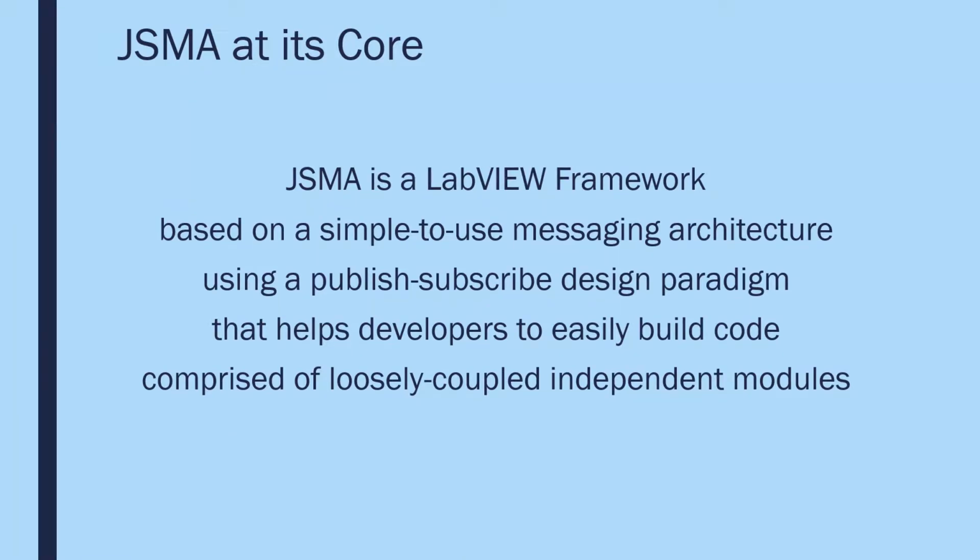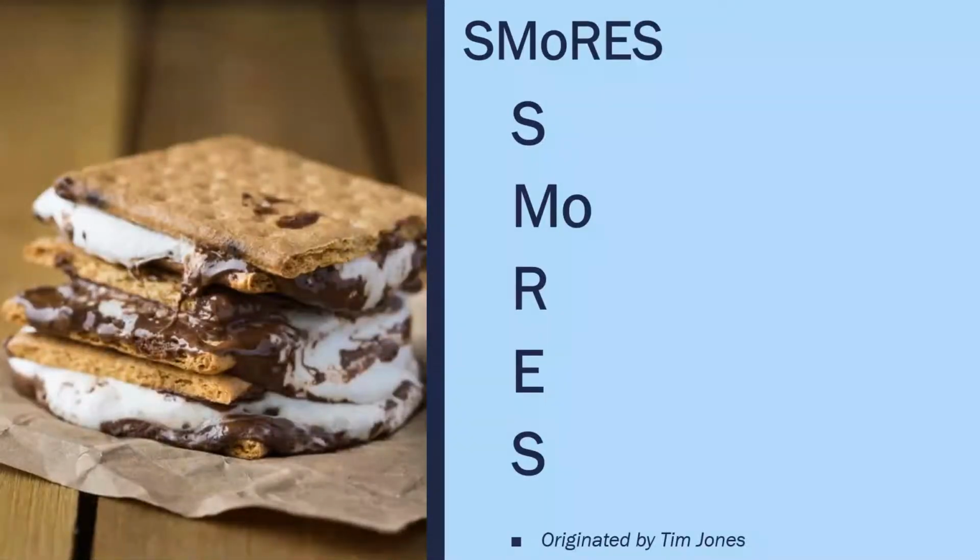The best solution to this challenge I have seen was in a talk given in 2010 by Norm Kirchner, who referenced an idea presented by Tim Jones called s'mores. According to this idea, you need to write good software as described by the anagram s'mores.